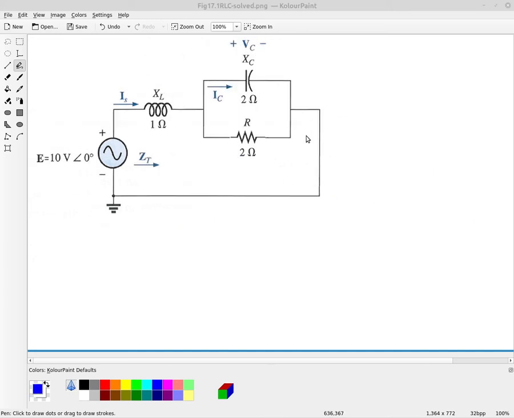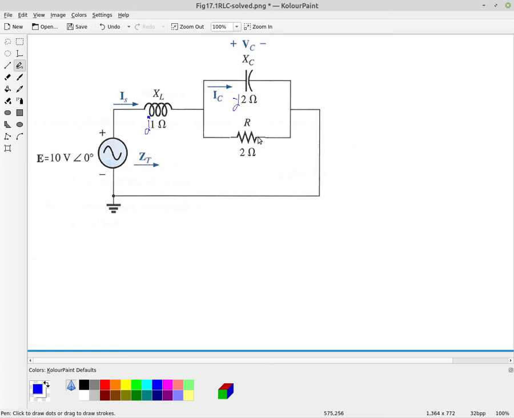Alright, so I went through that capacitor circuit very, very quickly because it was just pretty much a repeat of everything that we've done with the previous 3 circuits. But this circuit here, even though it has the exact same shape, notice that here the inductor is over here. So we have an inductor, we have a capacitor, and then we have a resistance.